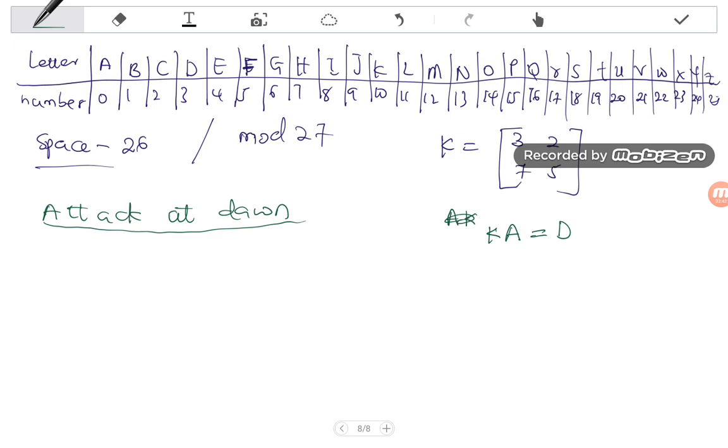So to be able to do this, we write down "attack at dawn" in number form. A is 0. Let's write them down one by one.